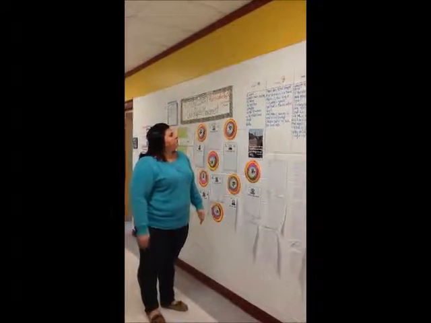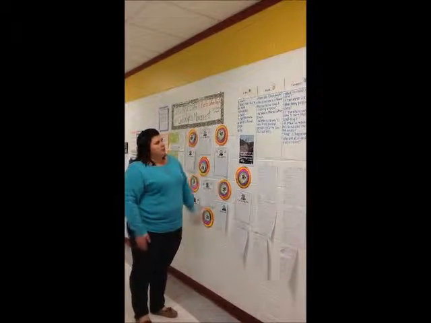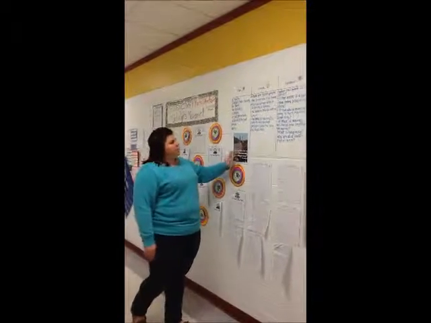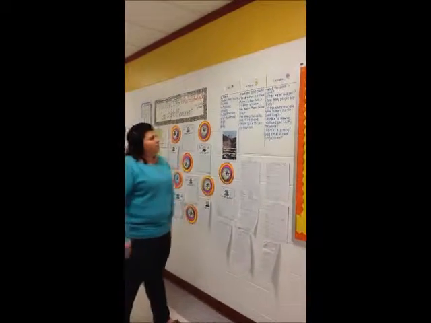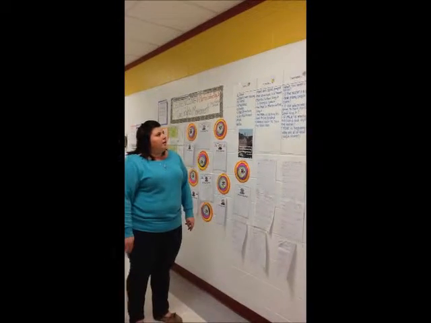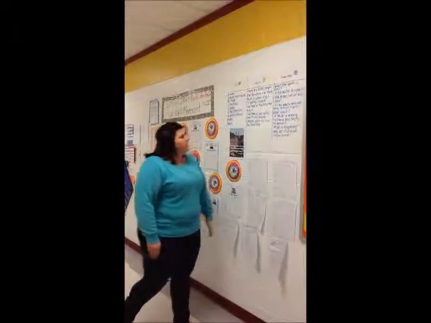They had a lot of good questions. I think this was a topic that they weren't really familiar with, so they had a lot of questions, and at the end of our lesson they were able to make connections to the things they were wondering about. So I thought that was really good.